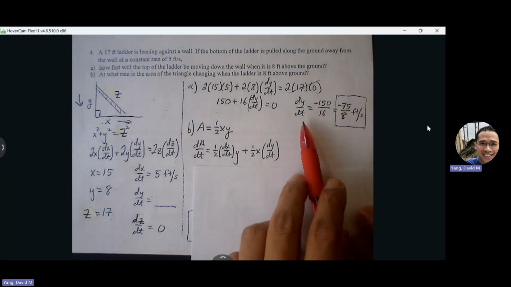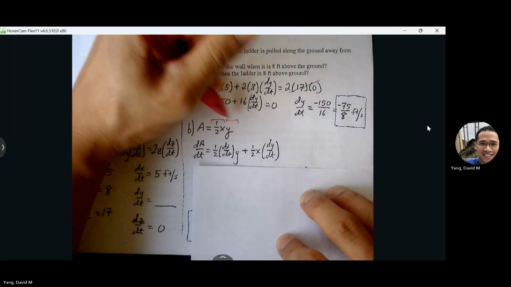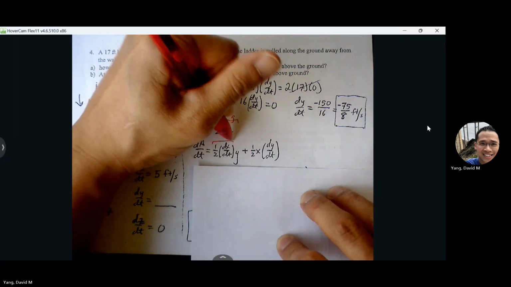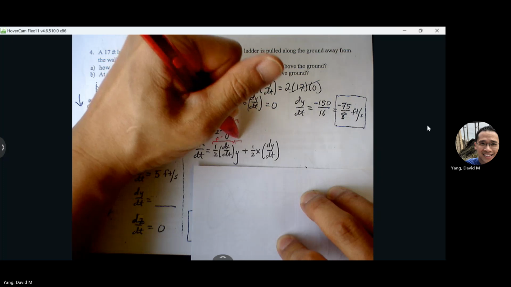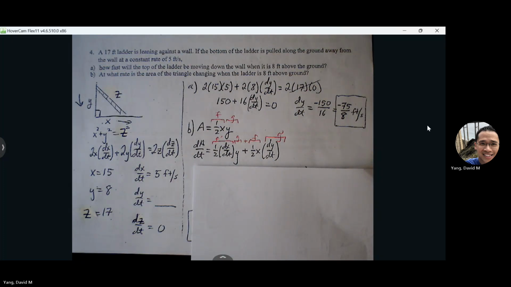In part A, we found the dy/dt, the rate of change of the height. What's our unit of measure going to be for dA/dt?